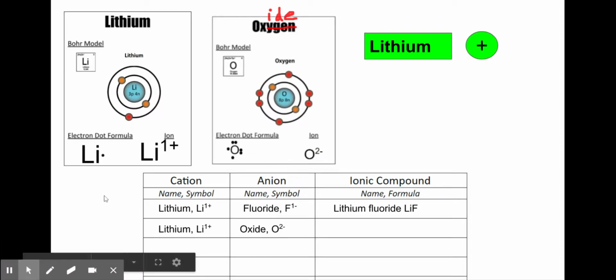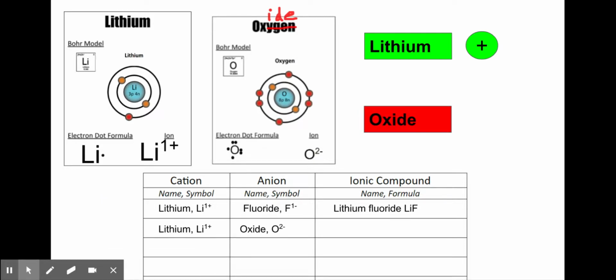Now, when they combine, lithium has a positive 1 charge, but oxide has a negative 2 charge because it's going to gain extra electrons here and here.